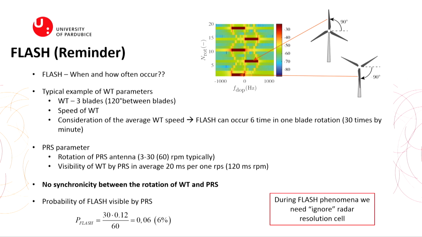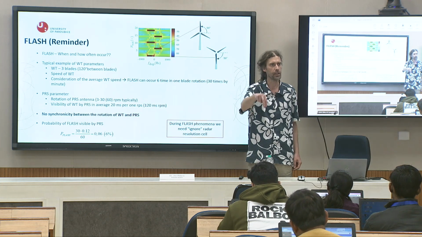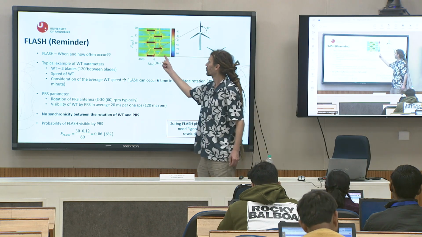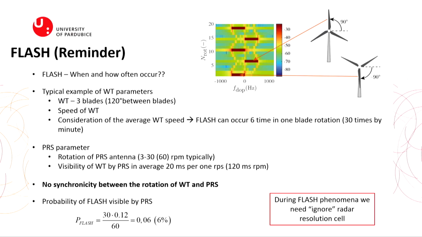During this 6%, you can just ignore the affected range cell, because as you can see it is full of spectra, so it is a very high level of reflection, and even if we removed these parts, it is clear that we also remove information about the target.